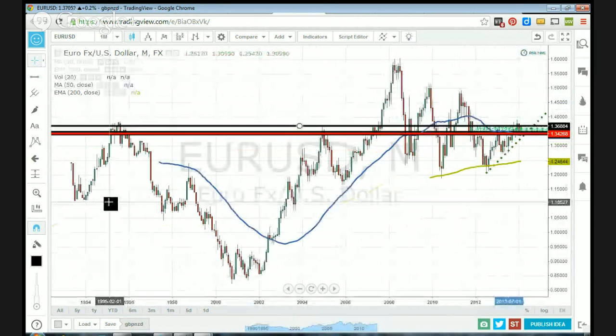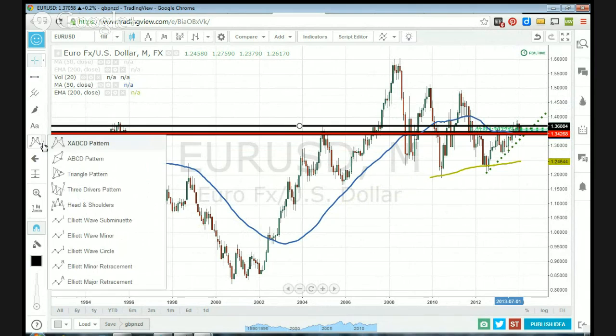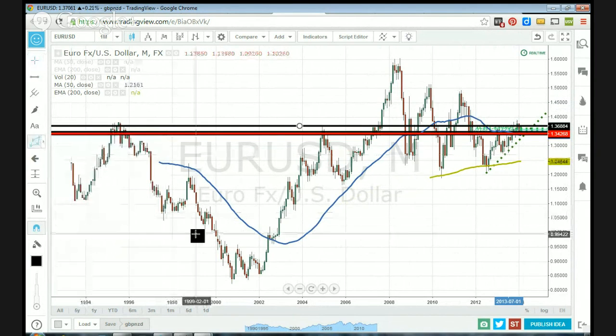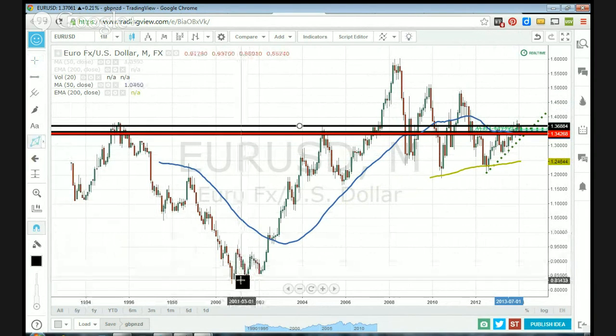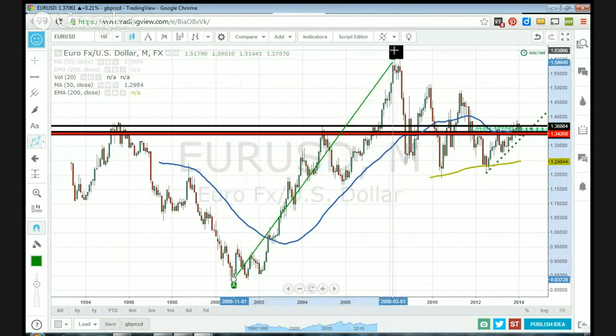Basically, in 2011, I had said the euro was going to 1.94. And the way I came up with that was with an ABCD pattern here, where you go from this swing low, A, to B. This is the high in 2008.